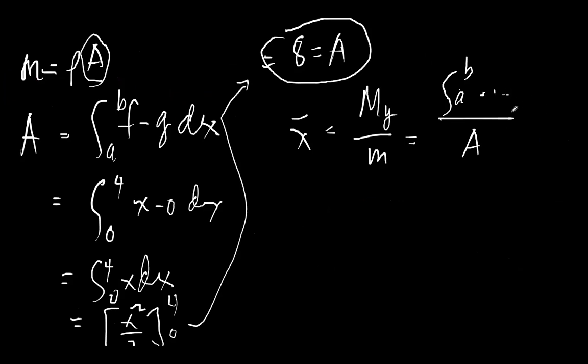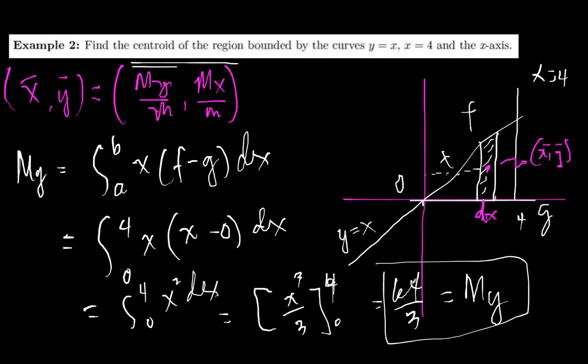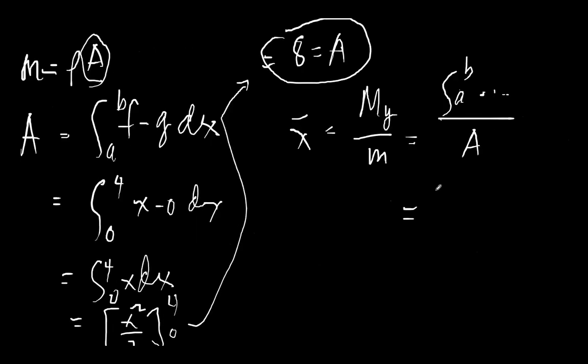I'm not going to write it anymore because it's long. As long as we know that it's m sub y. M sub y is equal to what? We have already solved that. 64 over 3, and our area is equal to 8. So this is equal to 8 over 3, correct?